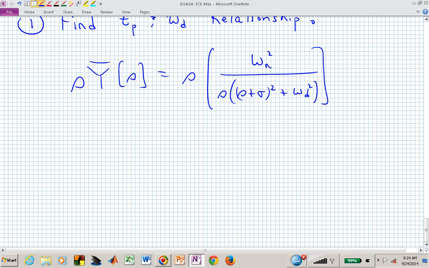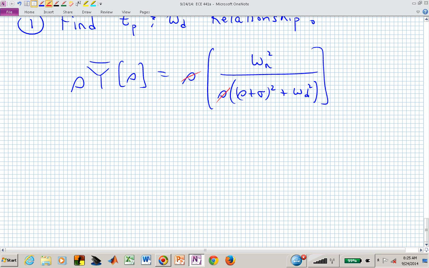Now, if we look at this, that s cancels that s, and oh, that's almost in the form that we want it to be in. That's almost a clean Laplace transform pair.